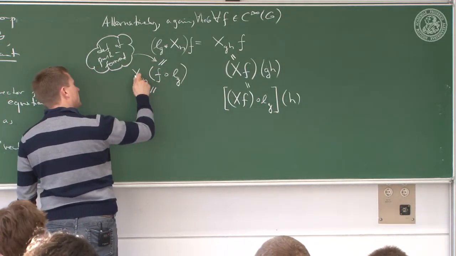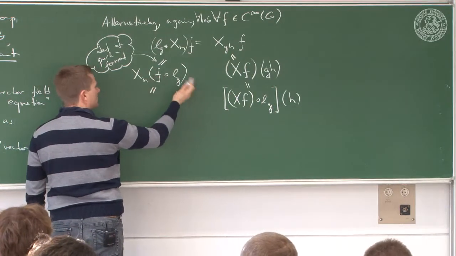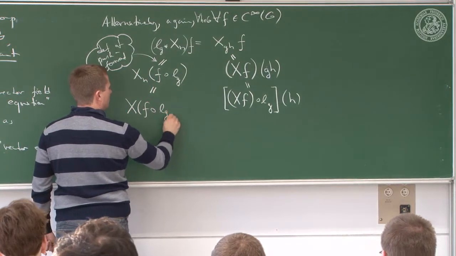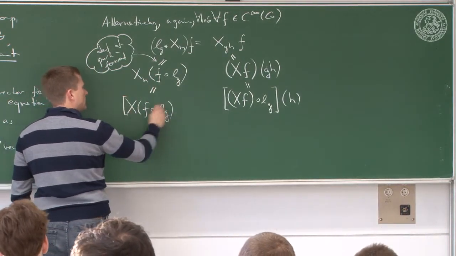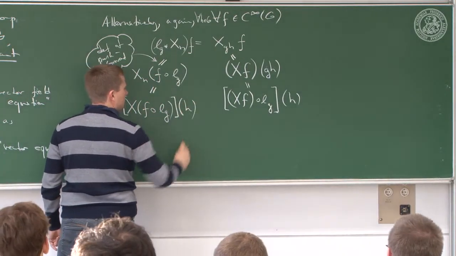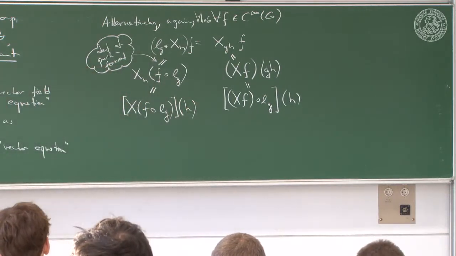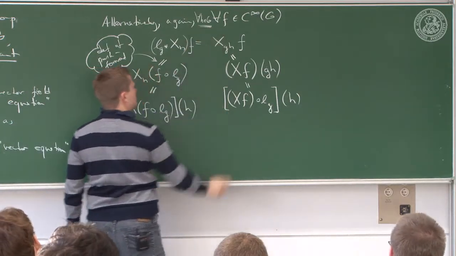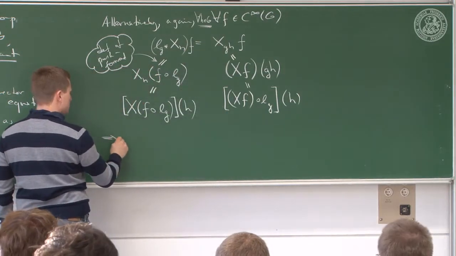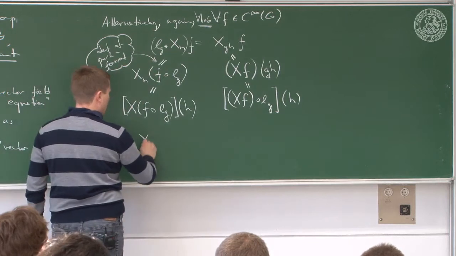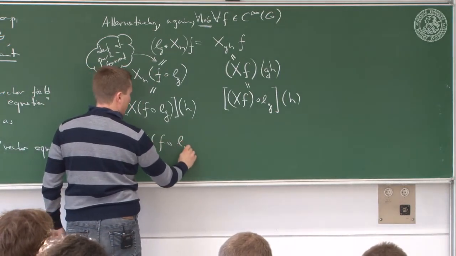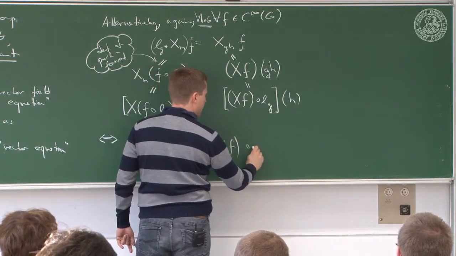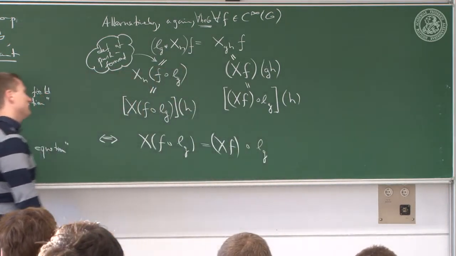Instead of letting the vector at the point H act on the function, I can let the entire vector field act on the function, but then I only look at the result at point H. Aha, but this is true for every H in G. That means this is equivalent to saying X of f after LG is Xf applied after LG.